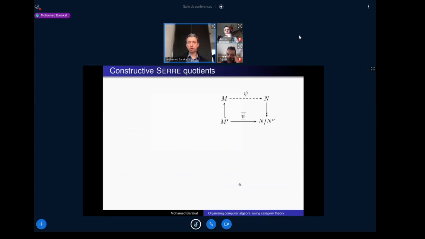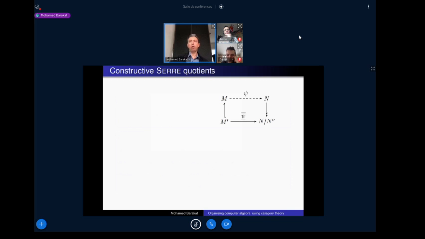I can pass to the sub-object M prime such that the co-kernel is in the thick subcategory C. I can pass to, so this N double prime should be called N prime, a factor object such that the kernel is in C.